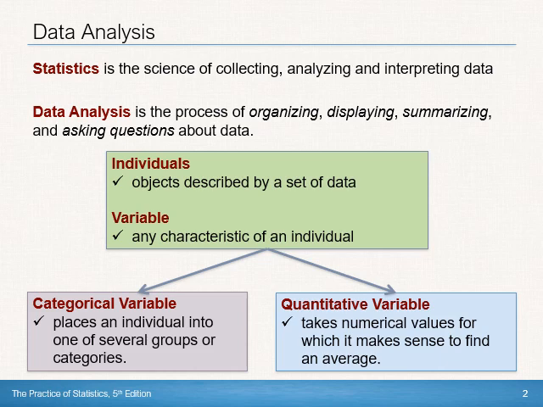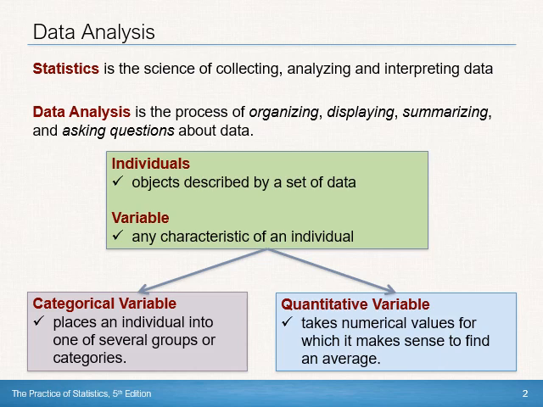So even though numbers might be involved in the particular value of a variable, it might still be categorical. Think about a telephone number, right? A telephone number has numbers, obviously, because we call it a telephone number, but we think of that more as categorical, because you wouldn't ask what's the difference between your telephone number and my telephone number?